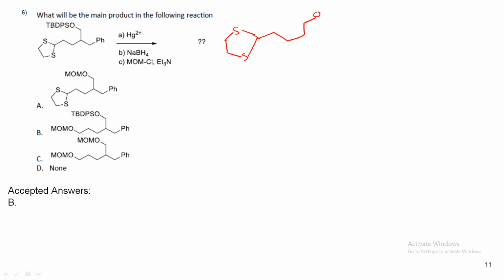So TBDPS, nothing but just TPS protection. In the presence of this Hg2+, this bond and sulfur would be doing this elimination, and ultimately we are generating an aldehyde center.